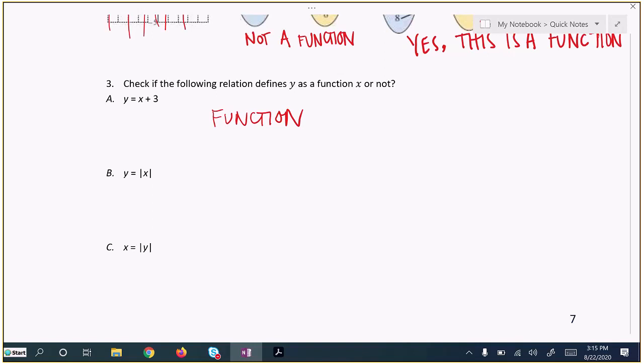But remember, we said it's perfectly fine if two different x values have the same output, the same y value. And there is no question, for any x that I put in, we know that it's going to give us exactly 1 y. So this is a function.